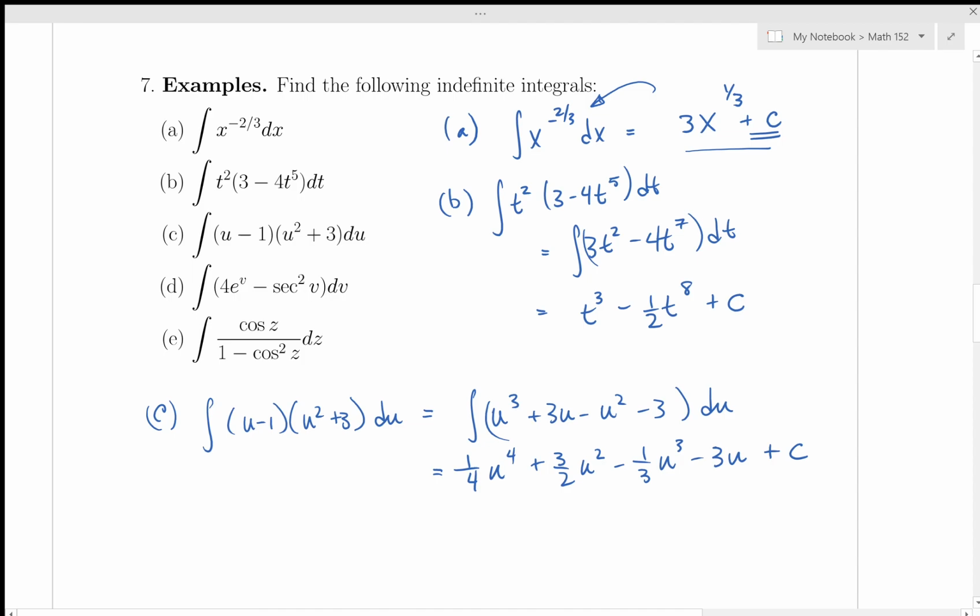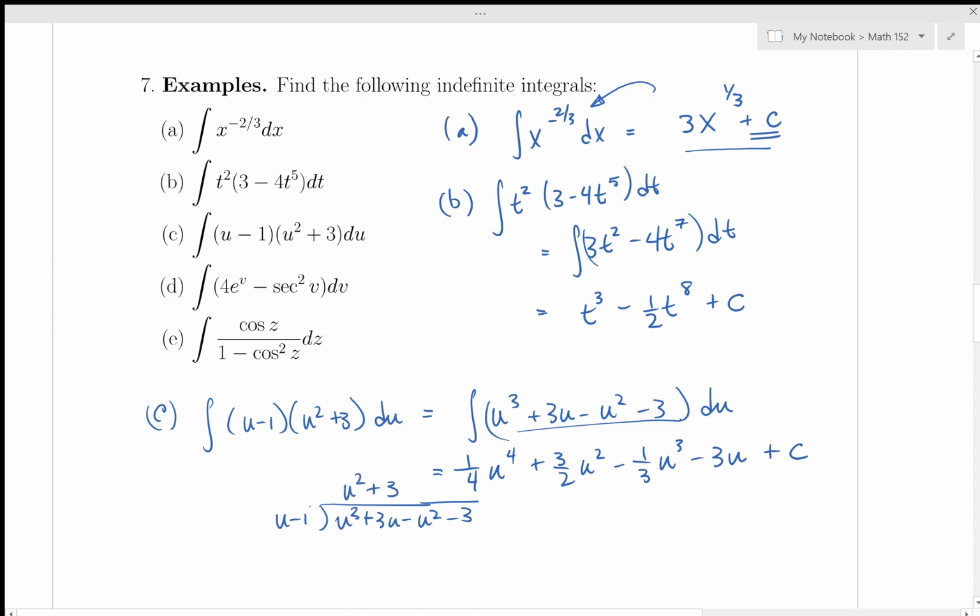Now I can take the derivative of this, and I will get back to this. And if I wanted to, I could divide u minus 1 into u cubed plus 3u minus u squared minus 3, and I could confirm that I hadn't done anything wrong, and this would come out to u squared plus 3.